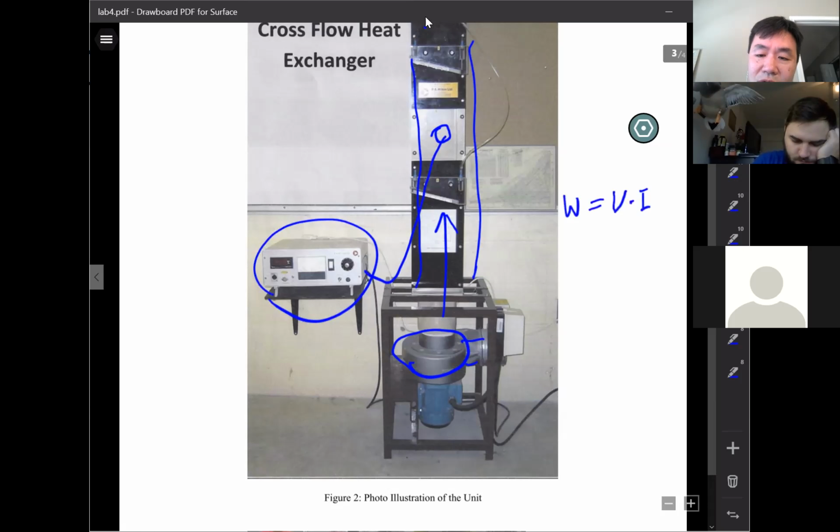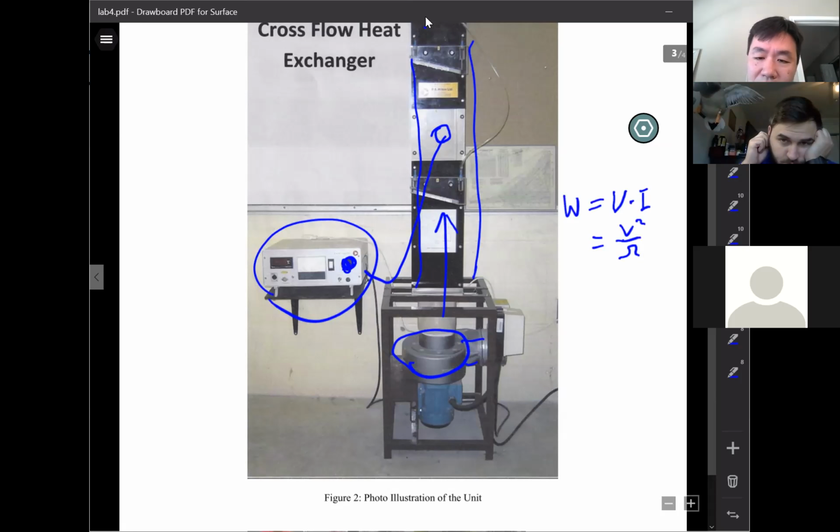Or it equals V squared over R, with R in ohms, right? Is that right? So it's a heater, and you can adjust the voltage. With this switch, you turn clockwise for high voltage, counterclockwise for low voltage.